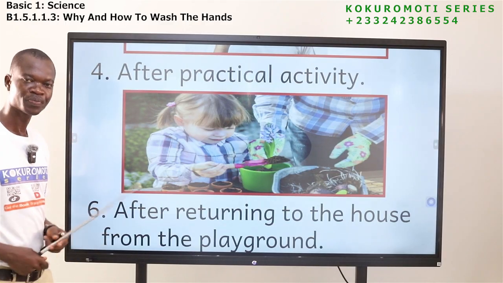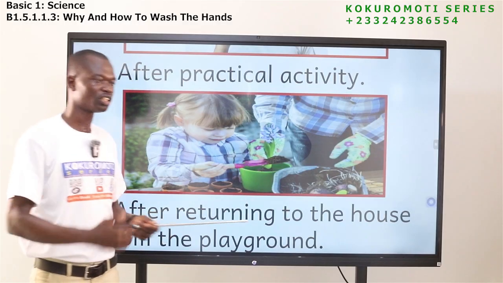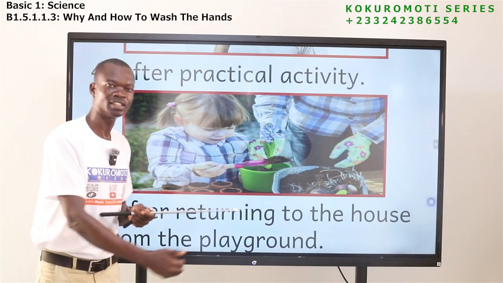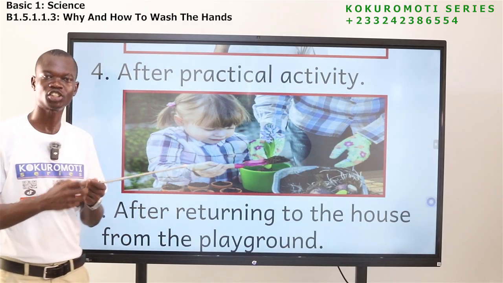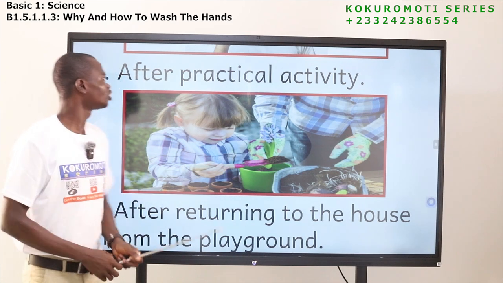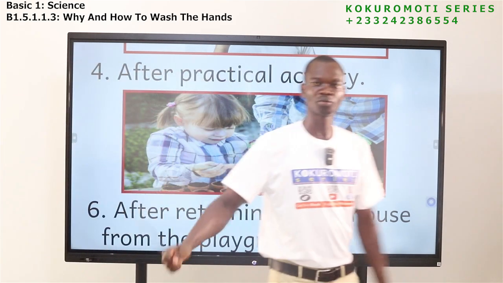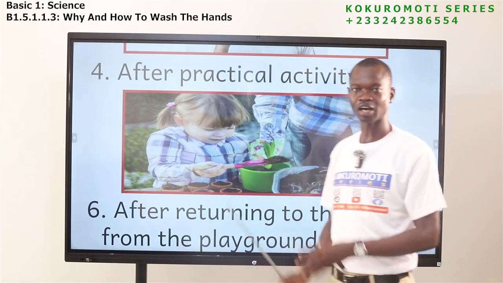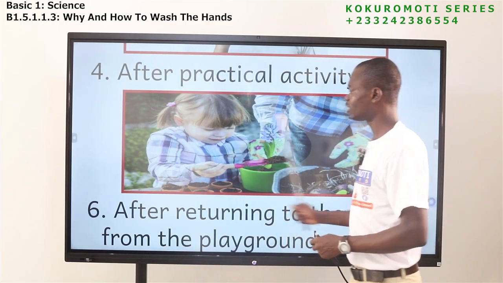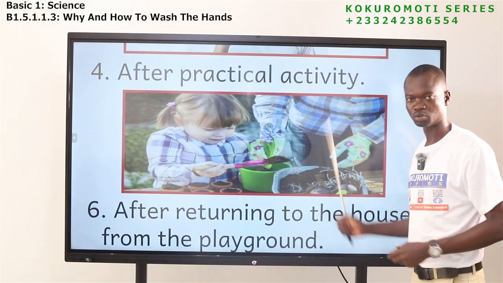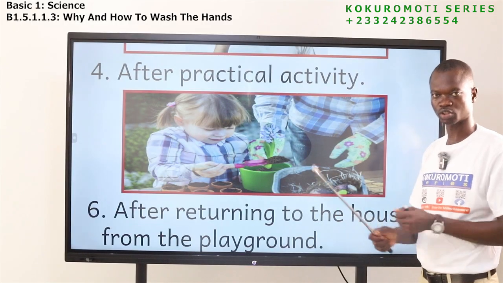Okay, so in school, if your teacher tells you to use soil to do ABC, after you are finished, you need to what? Wash your hands. So we are saying that after practical activity, whether in school, in the house, wherever, any form of activity that you do, when you finish, you need to what? Wash your hands.